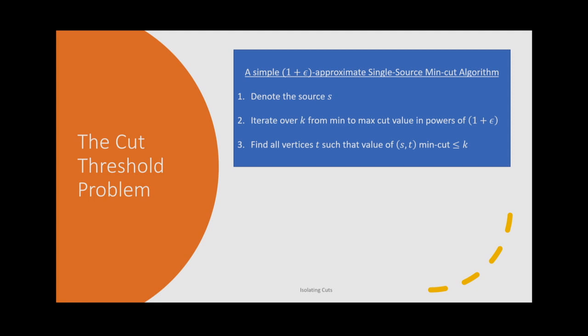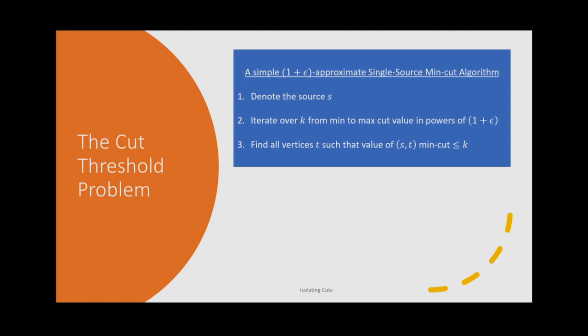And for each value of k, all I want you to do is report all the vertices whose min cut from S is value k or smaller. So I start with, let's say, k equals 1. I want everybody whose min cut from S has a weight of 1. Then I go to 1 plus epsilon, I want everybody whose weight is at most 1 plus epsilon, and so on.